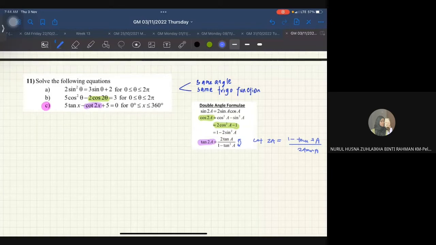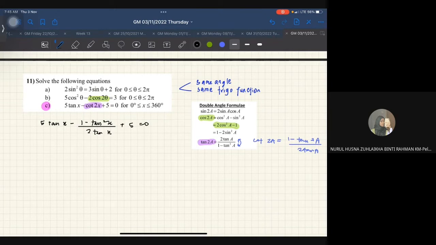Okay, jom kita try buat soalan C. Saya substitutekan formula yang saya dapat tadi. So I have 5 tan x minus 1 minus tangent square x over 2 tangent x, plus 5 is equals to 0.